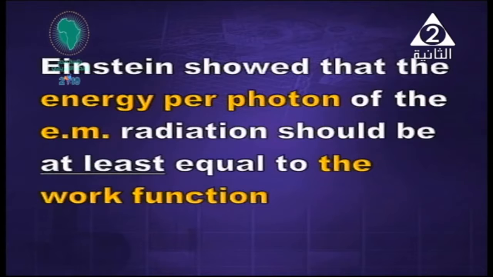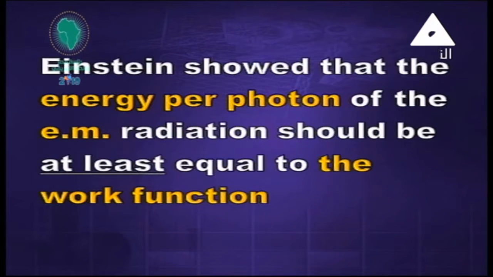Einstein showed that the energy per photon, your attention please, the energy possessed by just one photon of the electromagnetic radiation should be at least equal to a certain value, we call it work function, to enable the radiation to extract electrons from the surface of the metal.